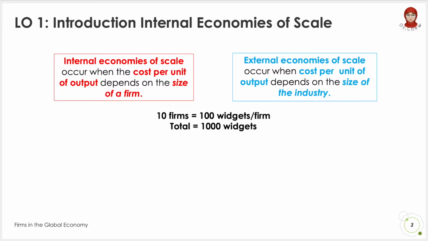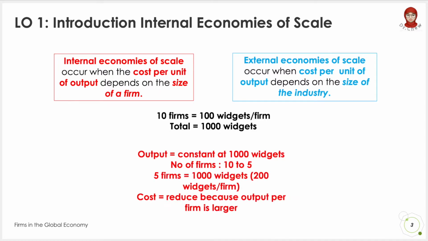Let's recall the hypothetical example used in the previous lesson. Imagine an industry that initially consists of 10 firms, each producing 100 widgets for a total industry production of 1,000 widgets. Now, suppose that the number of firms is cut in half so that each of the remaining 5 firms produces 200 widgets.